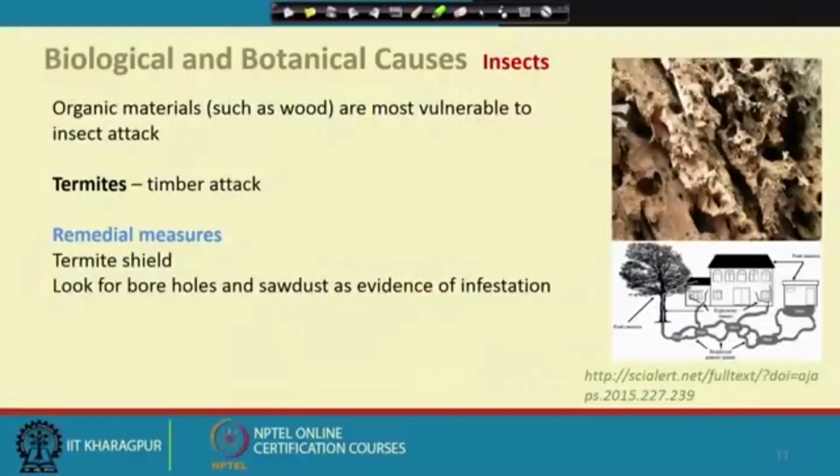So, this is why again, as I say, specialist advice is required, but what is more important is regular inspection and regular cleaning as a part of the maintenance and management system.